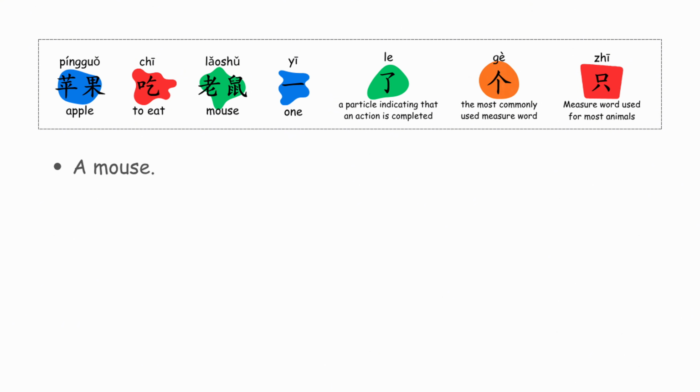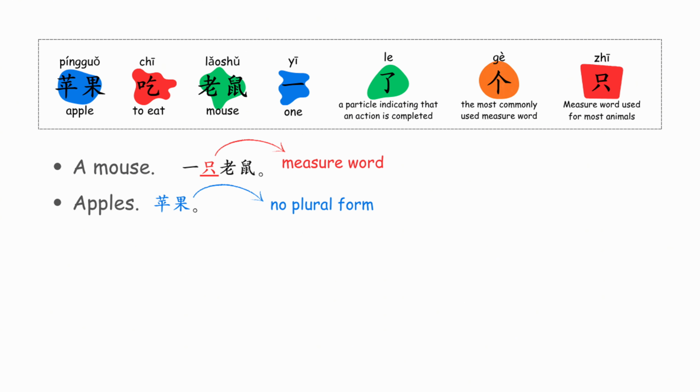The first one, a mouse. 一只老鼠. Don't forget the measure word 只 for animals. The second one, apples. 苹果, no plural form.